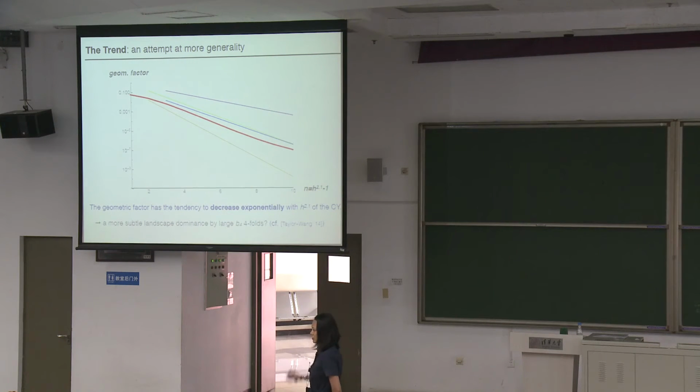But the first factor, remember, is also expected to increase exponentially with this Hodge number. So maybe there could be a subtle balancing effect. We don't know, but this is a possibility just by looking at the plot.